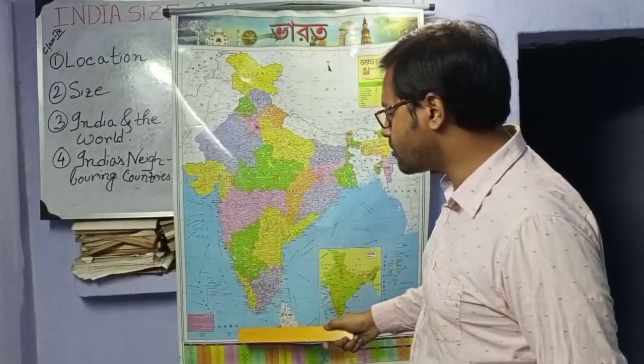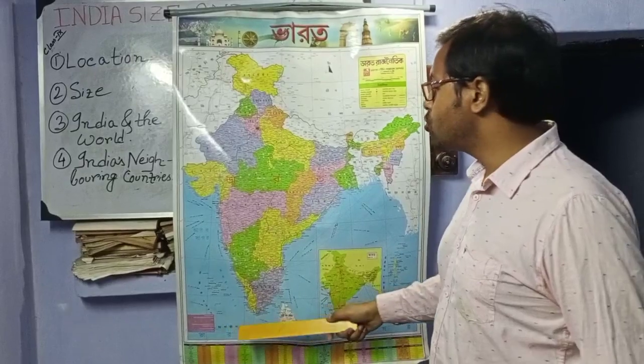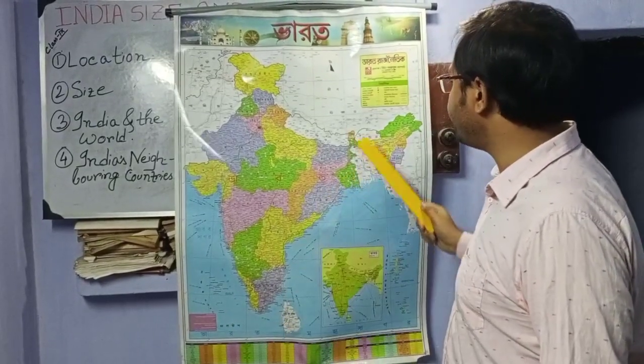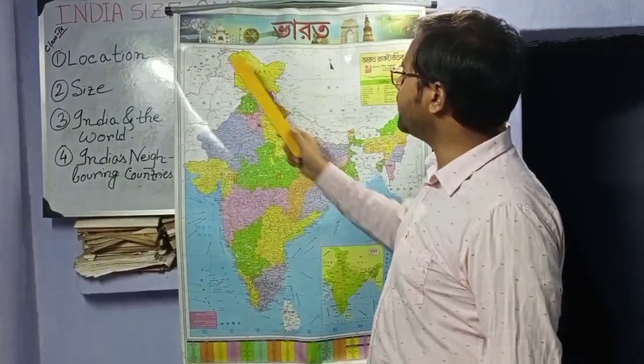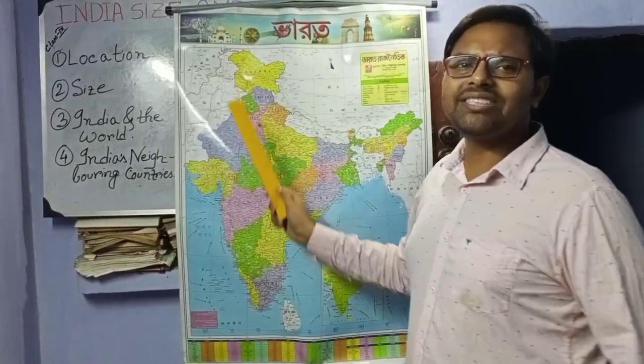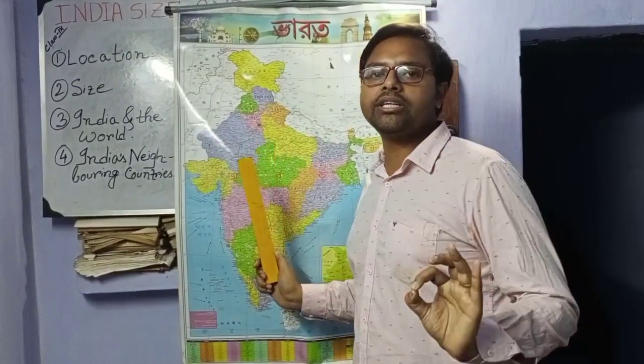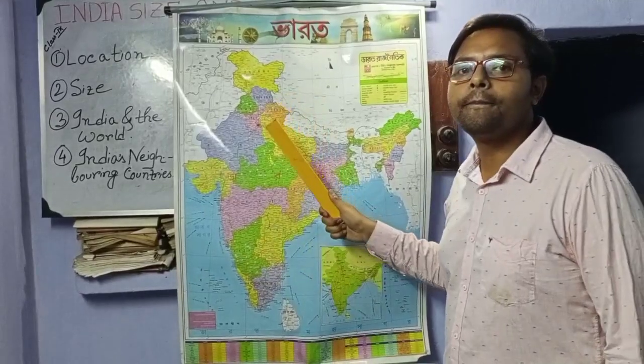Except that there is Maldives also. So how many countries? 1, 2, 3, 4, 5, 6, 7, 8. 7 and 8 countries have their border with India.